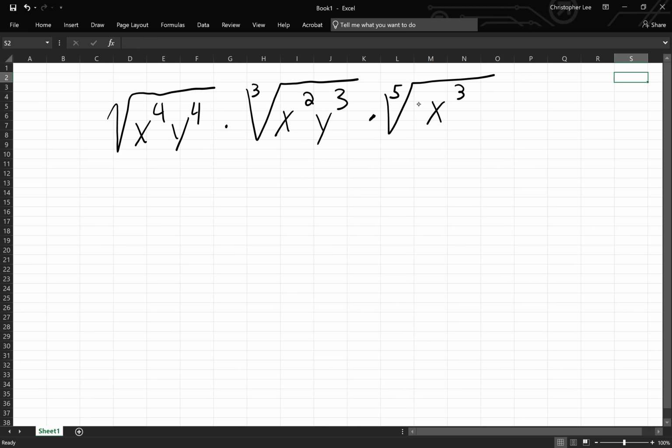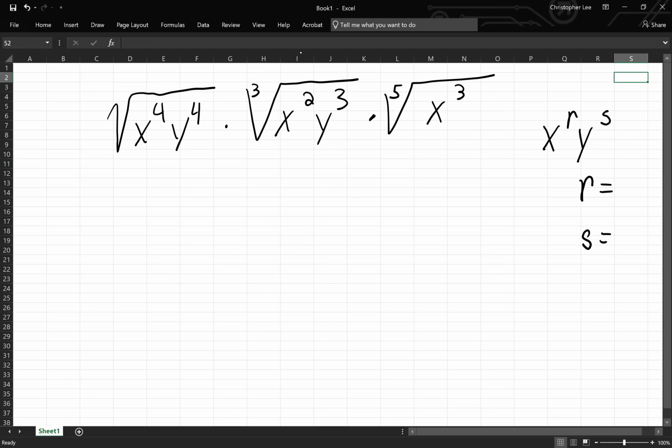Let me just verify real quick. And then they're asking for whatever the exponents would be. So you have x to the r power, y to the s power. They're asking you, what is r and what is s? That's what they're asking you.